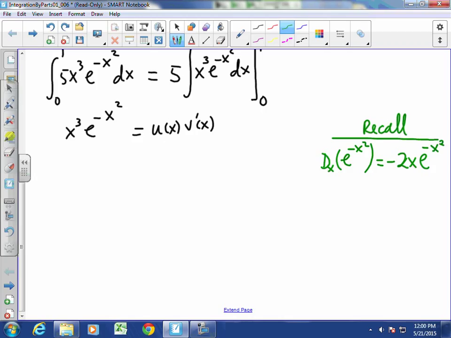So this means that we can write this as negative x times e to the negative x squared. And that means this is our v prime of x, and the rest will be our u of x.